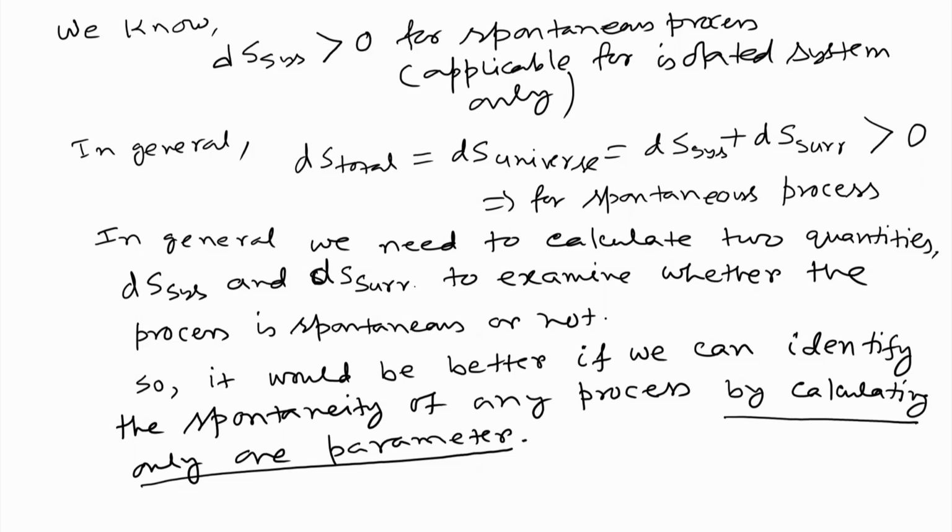And it would have been further better if the parameter is a state function, right. Okay. So, let us see whether we can have one single parameter that can tell us whether the process is spontaneous or not.